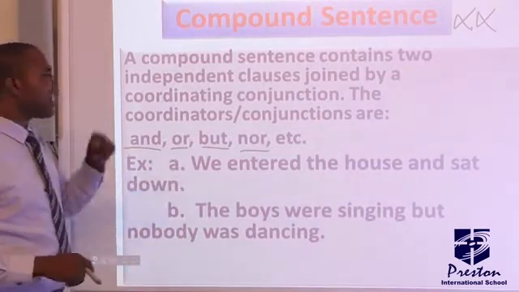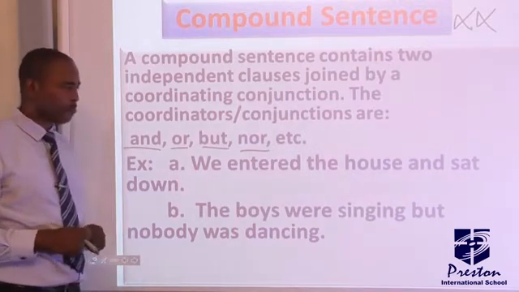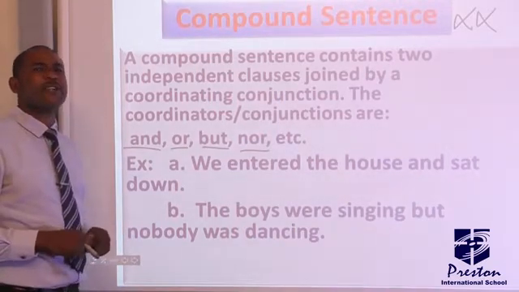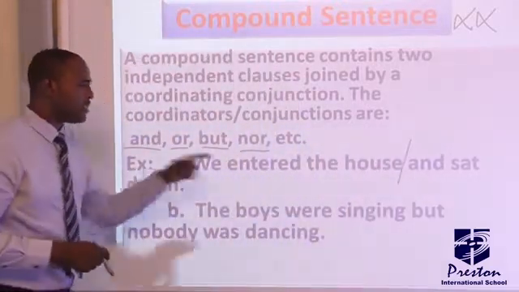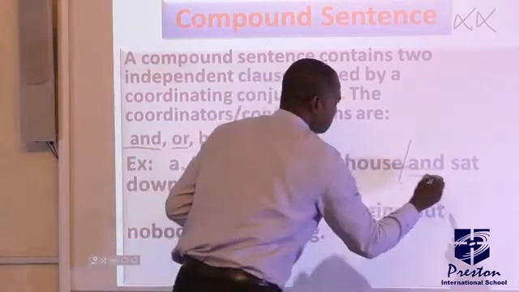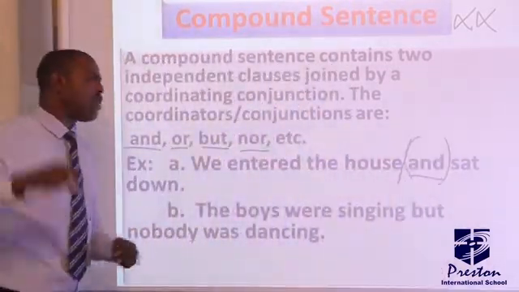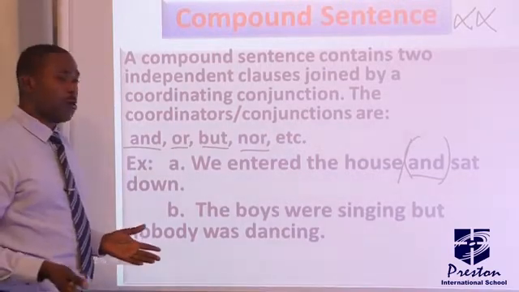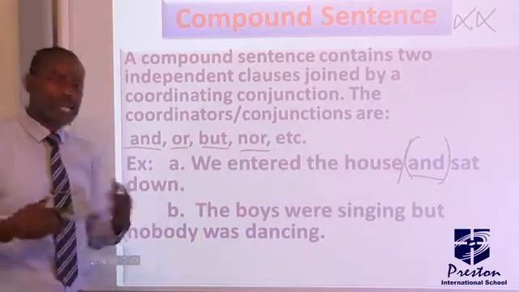Okay, we entered the house and sat down. That's the first example. What's the first main clause here? It is we entered the house. This is a main clause that can stand on its own. Then we have a coordinating conjunction, and. Then we have another main clause, but to avoid repetition, the subject is not included.